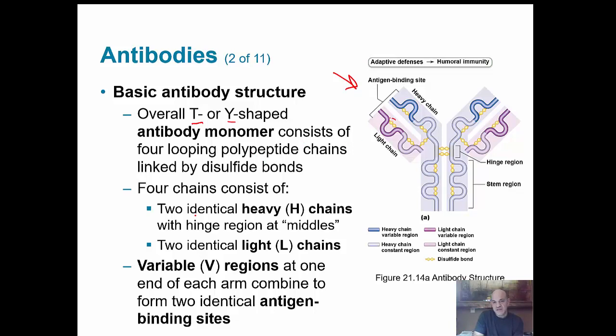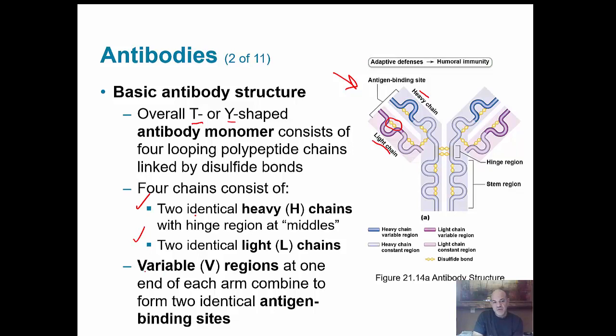Those yellow dots that you see right here are an example of a disulfide bond, and you can see the loops. Right here you have one light chain and a heavy chain, and on the other side also a light and a heavy chain. So those are your 4 polypeptides. The 2 heavy chains are going to be identical, and the 2 light chains are going to be identical.